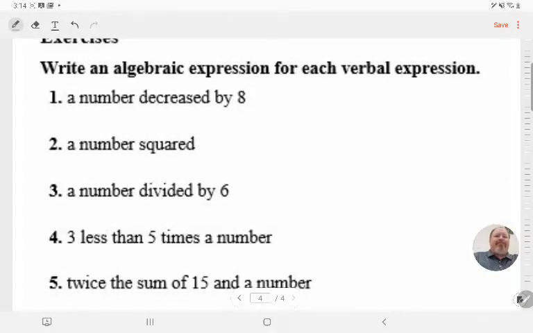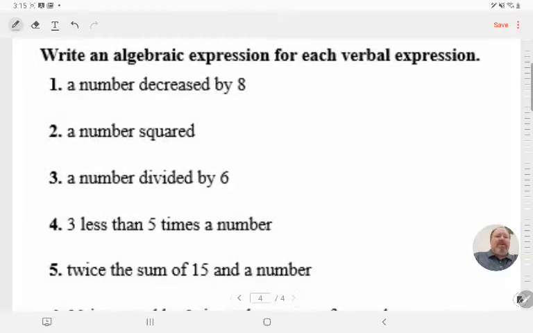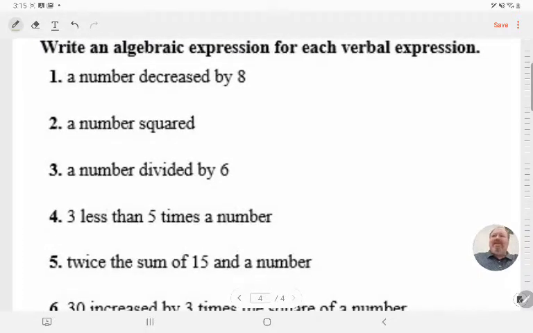All right, welcome back. So we have write an algebraic expression for each verbal expression. A number decreased by 8. Okay? So I have a number decreased by 8. I could say n minus 8. And that would be my algebraic expression. Number 2, a number squared.